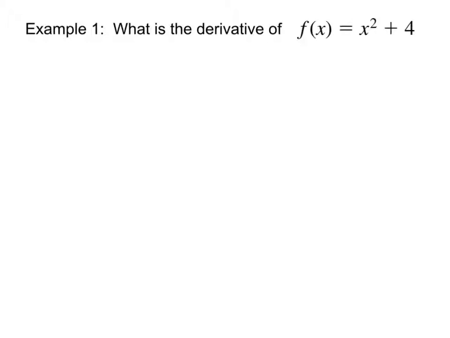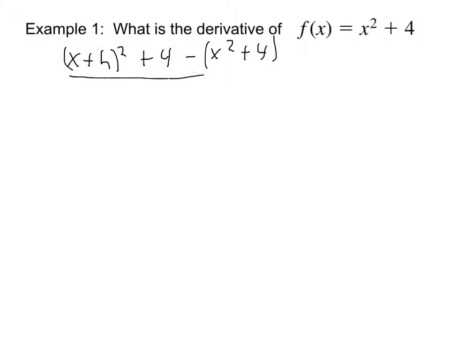We're going to do the limit of (x plus h) squared plus 4 minus (x squared plus 4), all over h. We're going to find the limit of that as h goes to 0.